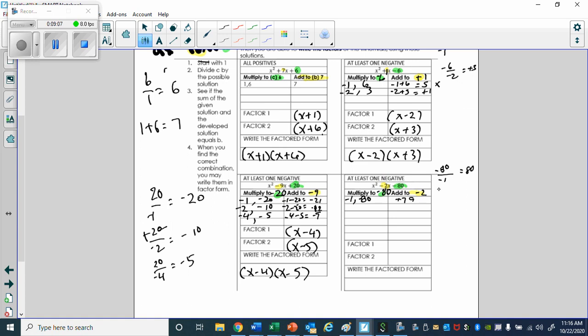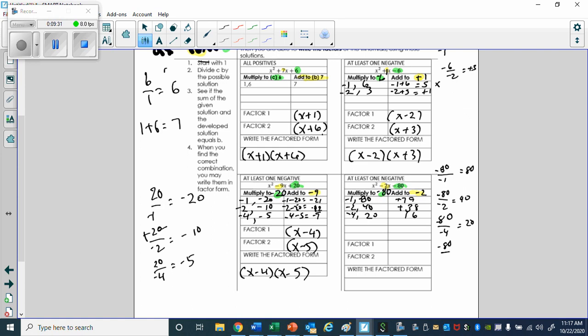That's not it. Try negative 2. And that combines to give me 38. Try, skip 3, 4. And it combines to give me 16.